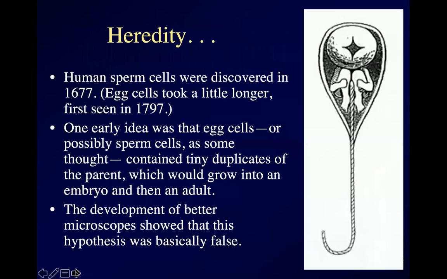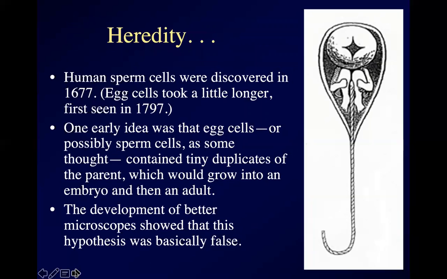It turned out that other organisms were made of cells as well. There were other microscopists who were able to expand on what Hooke did. In 1677, a Dutch amateur scientist by the name of Antony van Leeuwenhoek was the first to see human sperm cells.